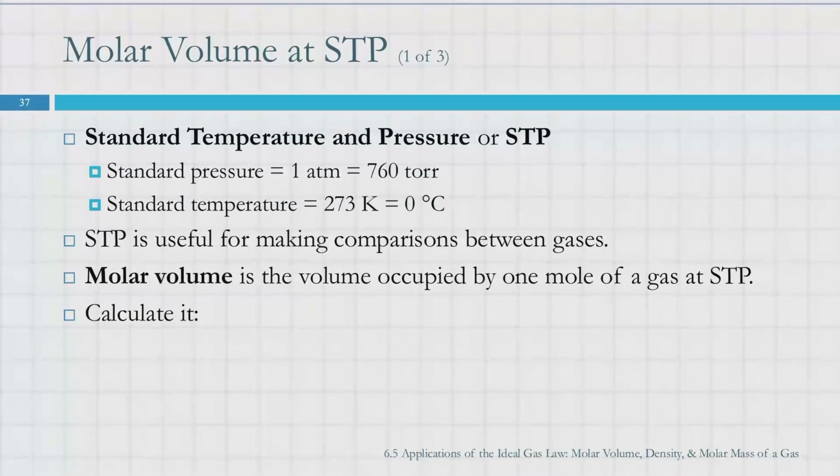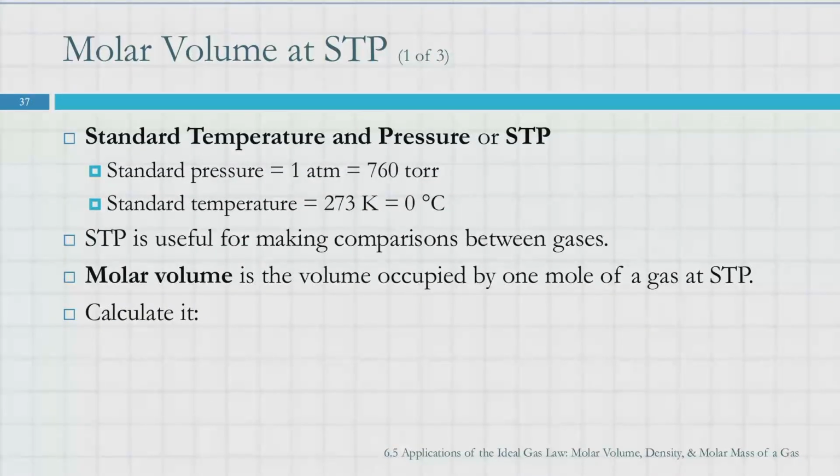There's another thing that we can do with our ideal gas law. We can calculate, and this is sometimes a helpful quantity to have, a molar volume. And the conditions under which we're going to calculate this is called STP, standard temperature and pressure. So S for standard, T for temperature, P for pressure.